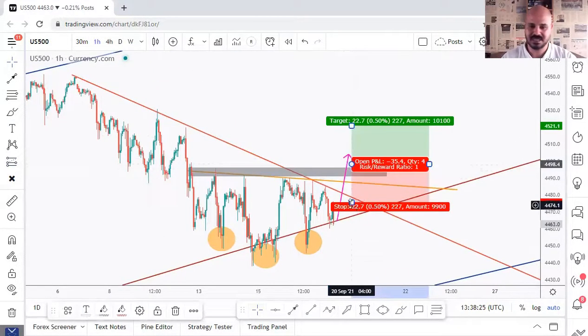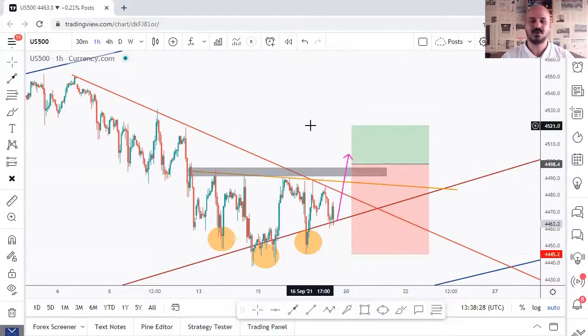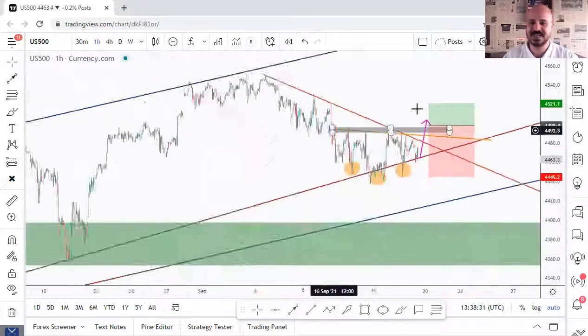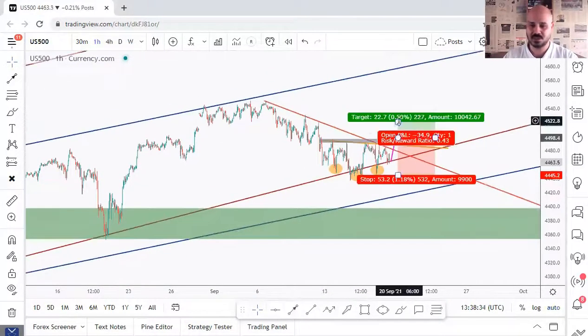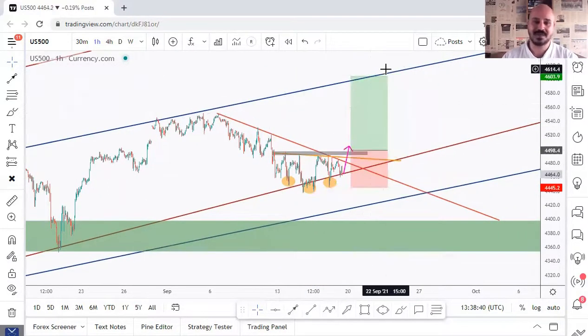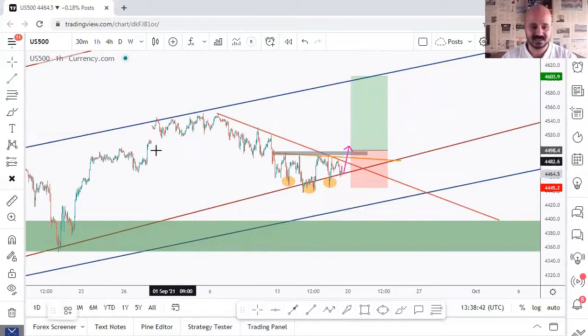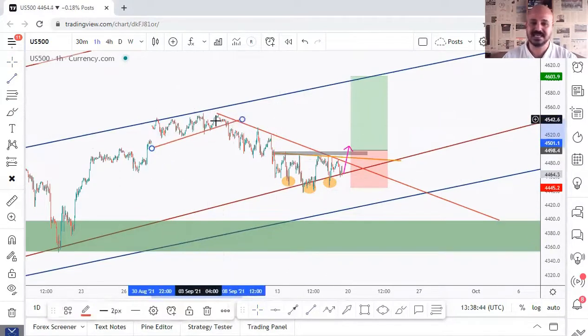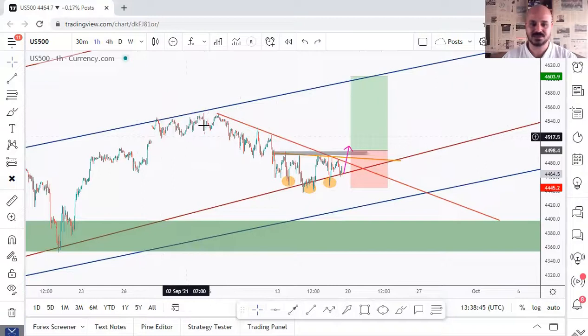Anyway, the buy here and the stop loss would be below the last low, or in this case below the right shoulder, and we target a 2-to-1 risk to reward ratio, which in this case would be around the upper one, which makes total sense, right? And around the upper bound, we'll be looking for sell setups, just like we did previously around this area. We've got a channel, 1, 2, 3, and you already saw it.